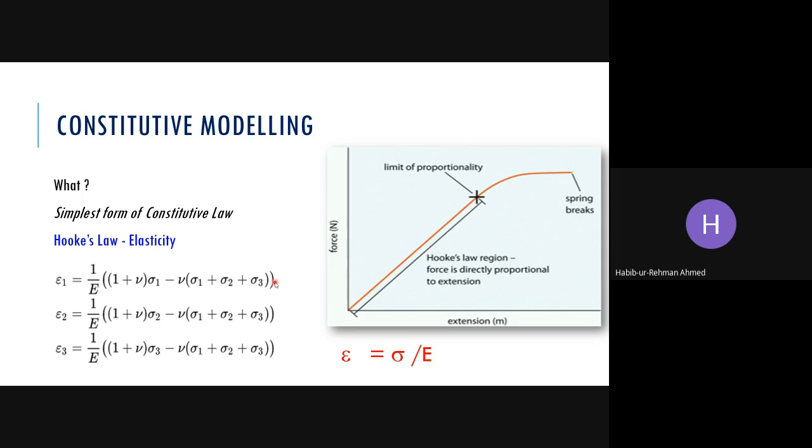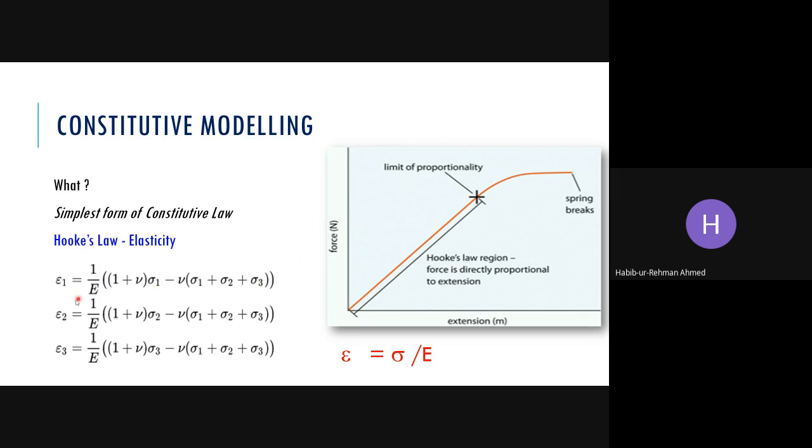From mechanics of materials or strength of materials courses, you should have a good idea that we have three principal stresses: sigma 1, sigma 2, sigma 3. So if we consider all these stresses in the relationship, then we'll have three different strains acting in three different directions, but still we call it Hooke's law. We call it the generalized Hooke's law.